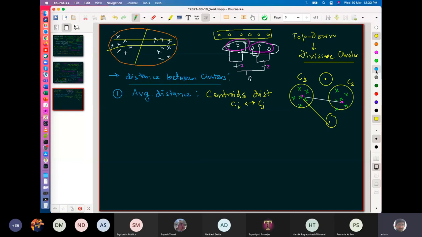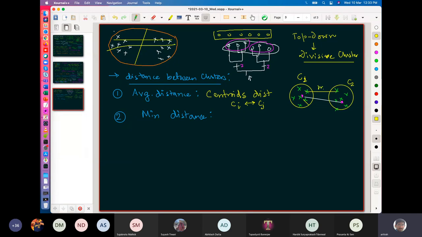The second is what is called the mean distance. You can easily see that for two clusters, let's say C1 and C2, let this figure be non-cluttered. For C1 and C2, as you can see, let's say these 2 points.